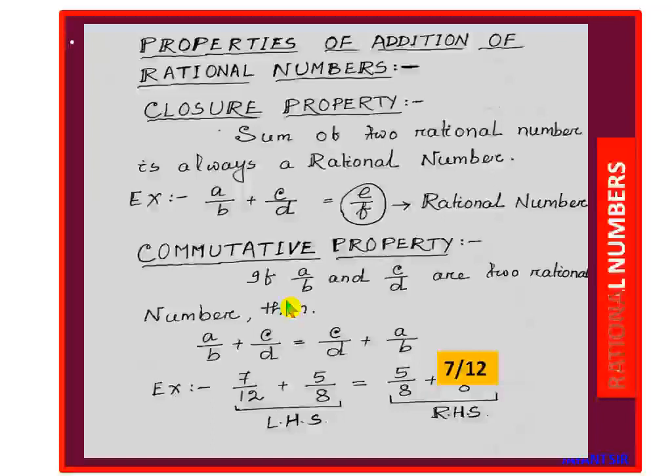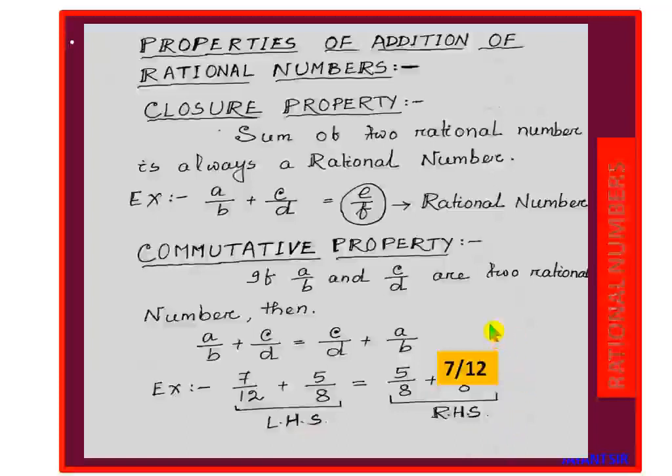If A by B and C by D are two rational numbers, then the law, the commutative property, is A by B plus C by D is equal to C by D plus A by B. Taking one example here, 7 by 12 plus 5 by 8 means A by B plus C by D equals C by D plus A by B. If you do the sum, you will get the same result here also. You can solve this by taking the LHS and RHS and verifying it.